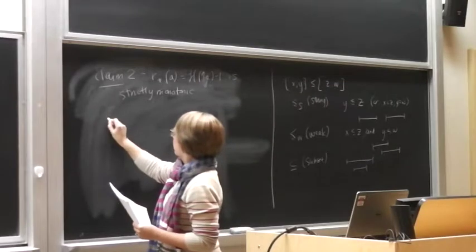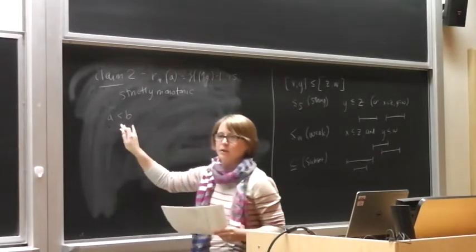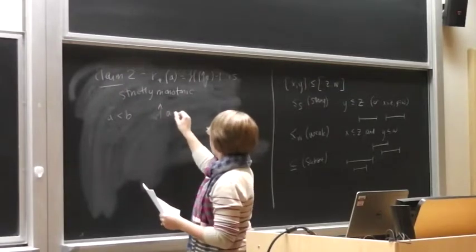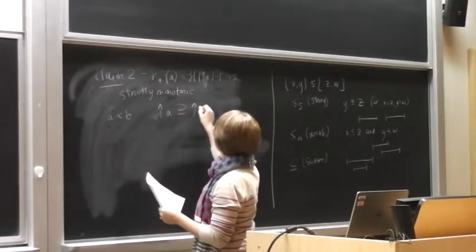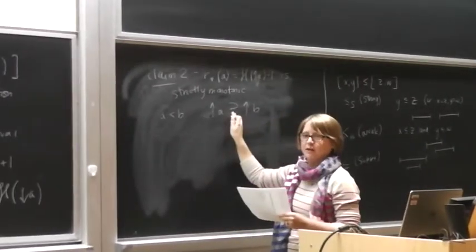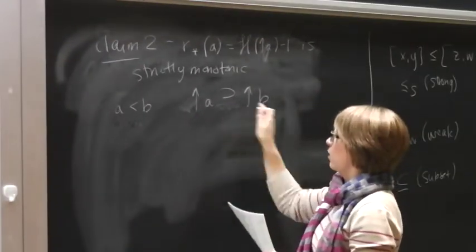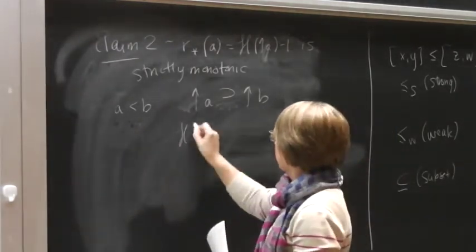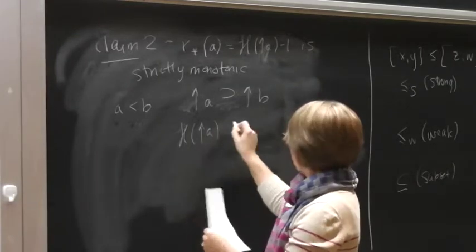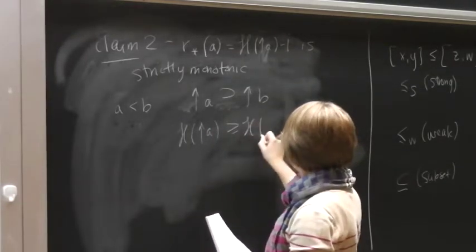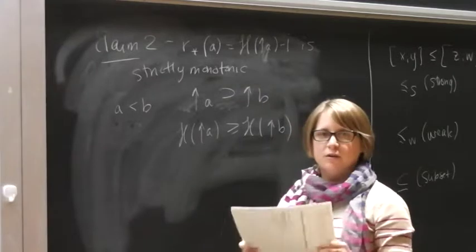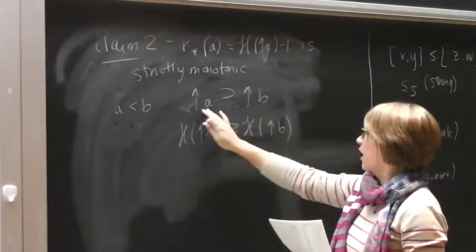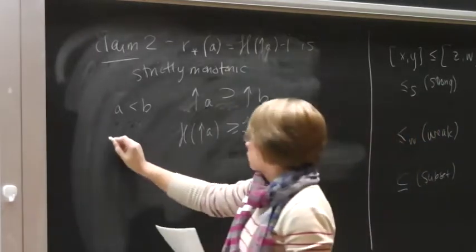So here we can say if A is strictly less than B, then we know that the upset of A has to contain the upset of B, and strictly contain, right, because A is in one but not the other. And so this means that the height of the upset of A is greater than or equal to the height of the upset of B. But of course, because A is below B, when I take the upset of A, I know that I have at least one more thing.